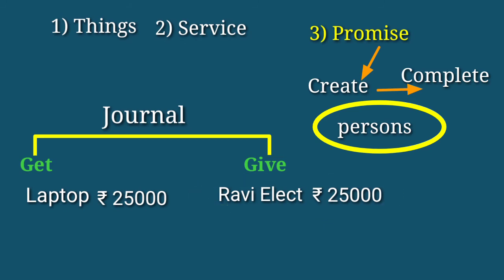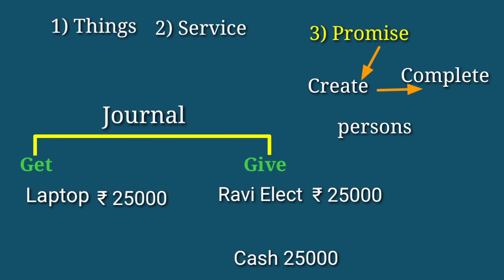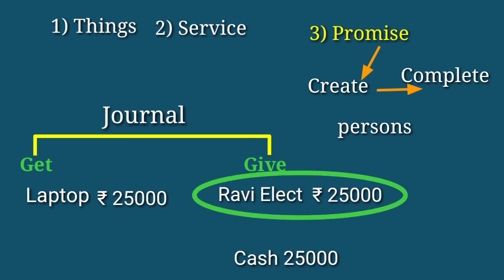So here when I paid cash, or when I give cash to Ravi Electronics, I will not get anything, but I need to cancel Ravi Electronics. So what will we do? Here I paid cash.